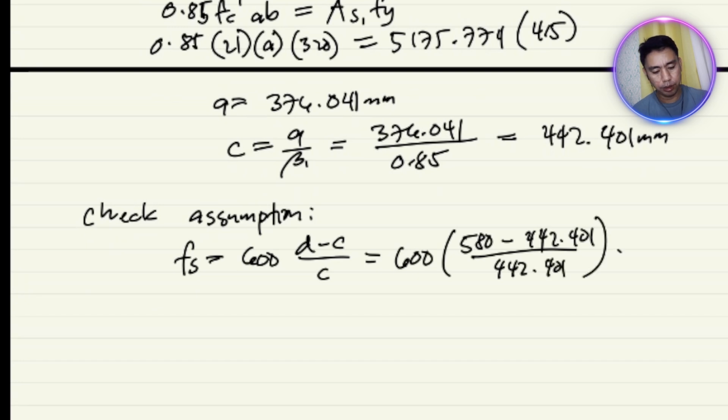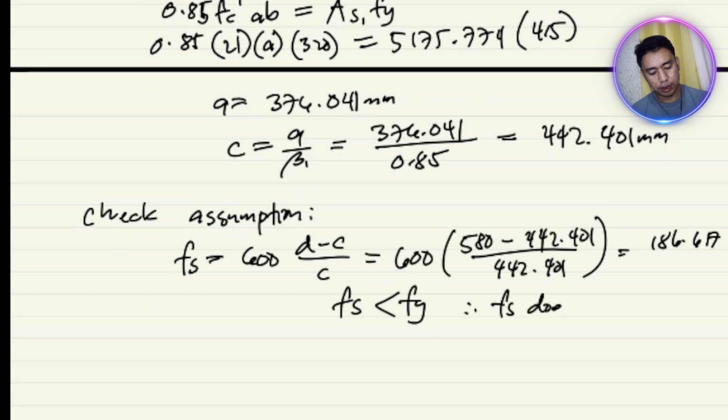This is equal to 186.617. Okay, so Fs does not yield. Okay, so dyan pa lang wrong na yung assumption natin.